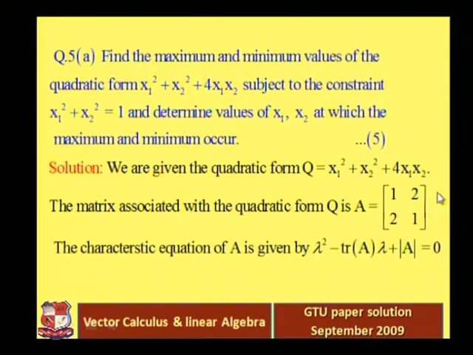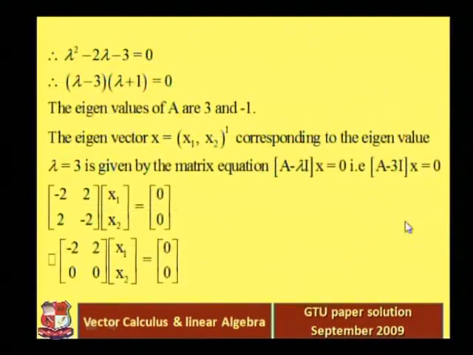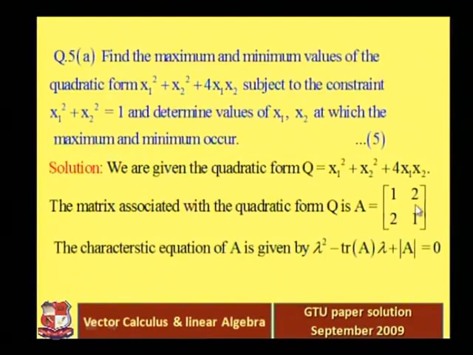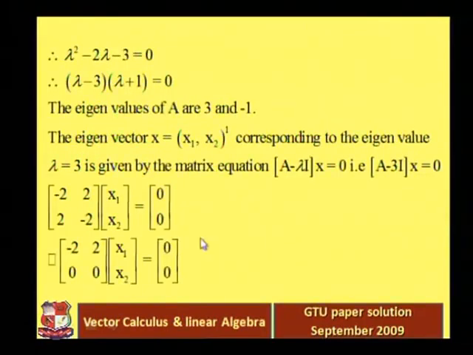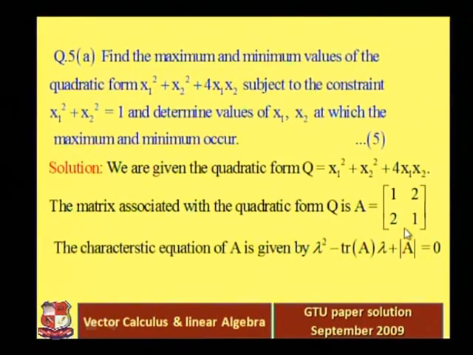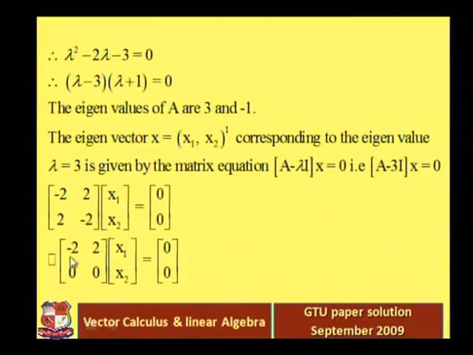So 1 minus 3, that is minus 2, right? 2 minus 0, that is 2. 2 minus 0, that is 2, and again 1 minus 3, that is minus 2. So A minus 3I into x is equal to 0. You will get minus 2 2, 2 minus 2 into x1 x2, that is equal to 0 0.